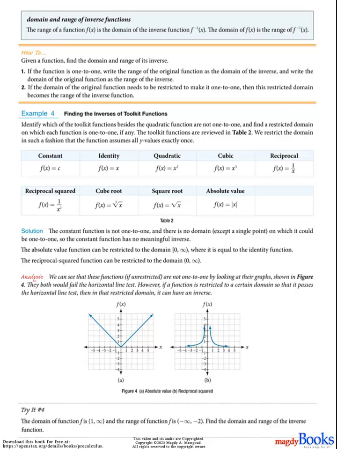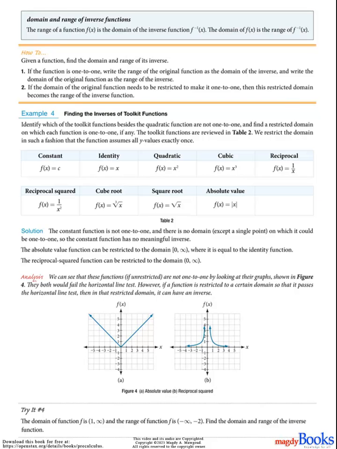Reciprocal squared: f(x) = 1/x². 7. Cube root: f(x) = ∛x. 8. Square root: f(x) = √x. 9. Absolute value: f(x) = |x|.